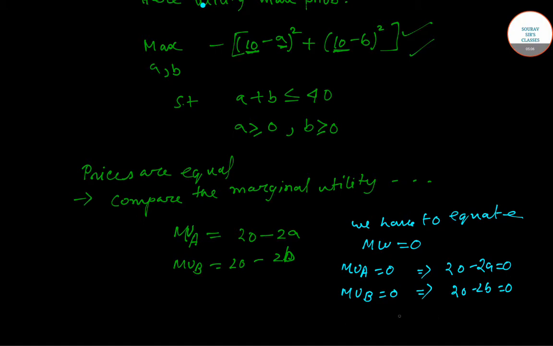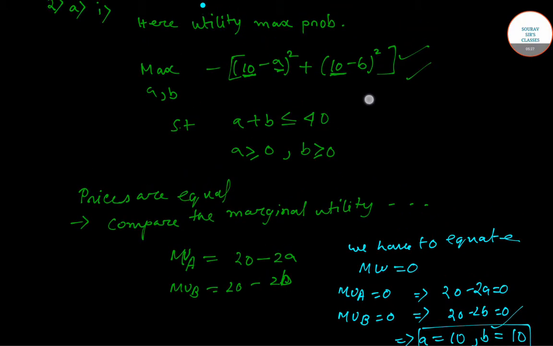If you further solve it, you will get a equals 10 and b equals 10. Since this bundle also satisfies our budget constraint, this is the equilibrium bundle.